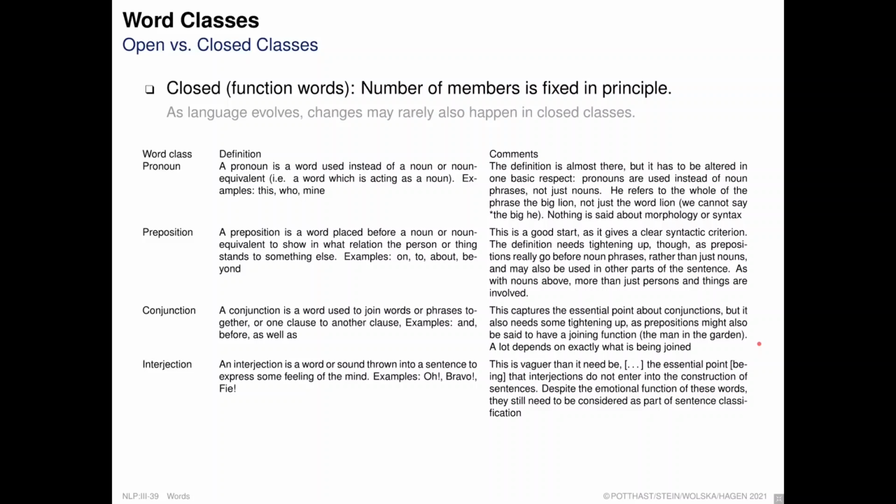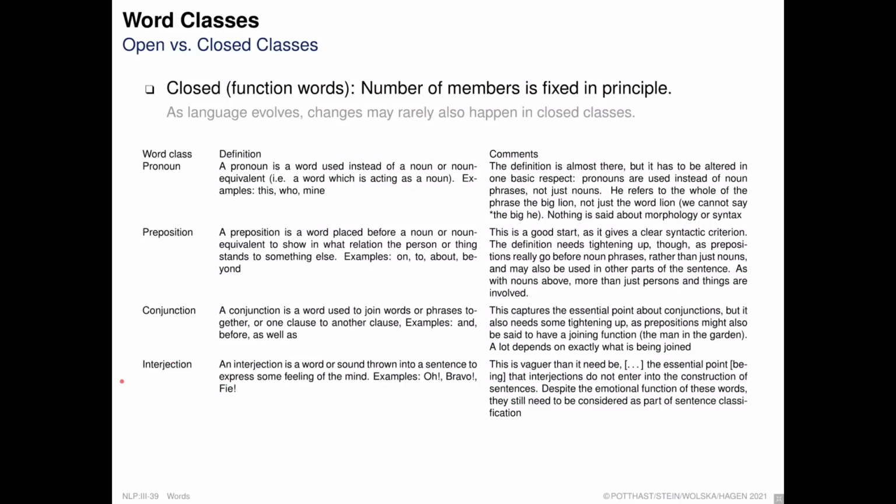So again, the wording used in the definitions is almost there, but not quite there. Of course, the problem with defining linguistic entities using language is that there's no metalanguage to talk about them. So you have to use words that you're trying to describe at some point.